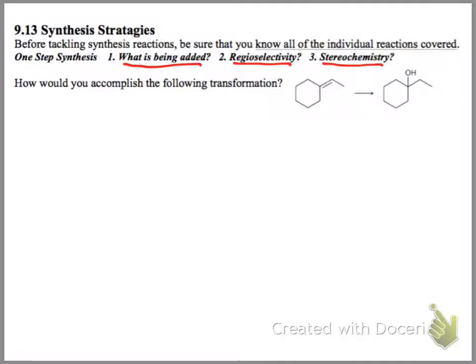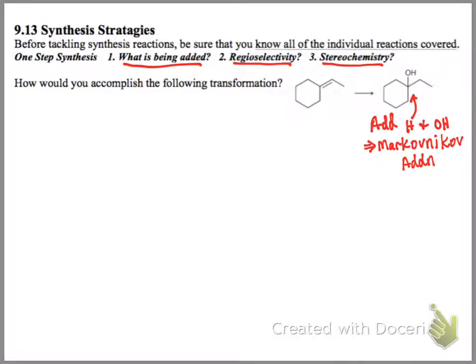So here's a one-step problem, and we're going to go through these steps and think about how we would do this reaction. How do we get from A to B? What are we going to add, and how are we going to get there? Looking at the product, and this is a theme in synthesis, you always want to start out with the product and think backwards.